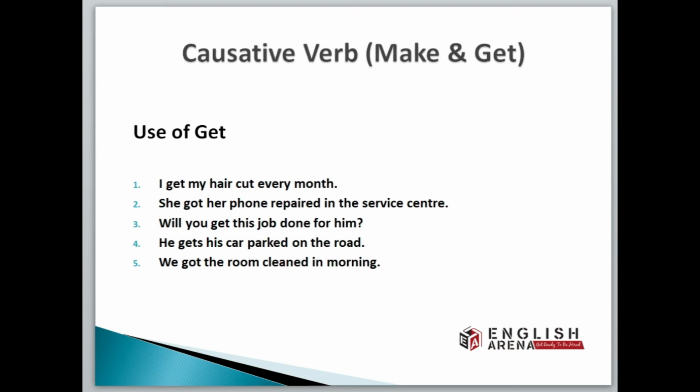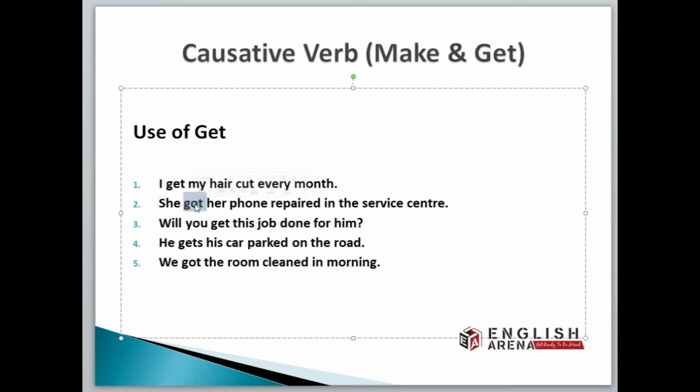Or another example, she got her phone repaired in the service center. Okay, so if you see, this is the past simple tense, and in past simple tense we use the second form of the verb, so it's now got, not get. And the main verb is in third form: repaired, repair, repaired, repaired.